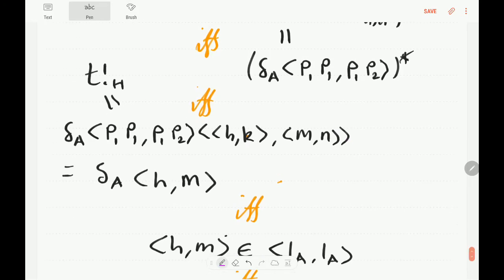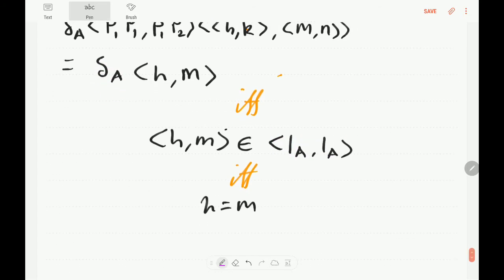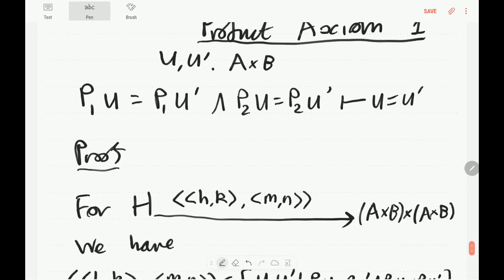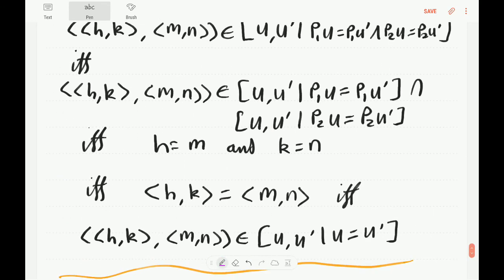If we simplify this, we find it is delta A after h comma m, and that sends everything to true. That happens if and only if h comma m is in the subobject classified by delta A, which is 1A comma 1A, and that happens if and only if h equals m.